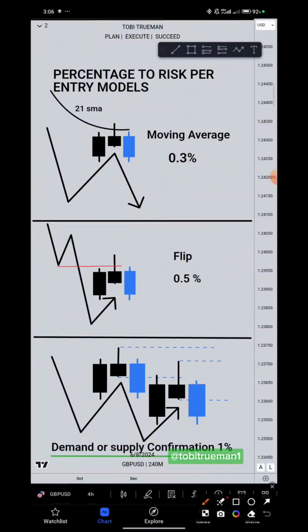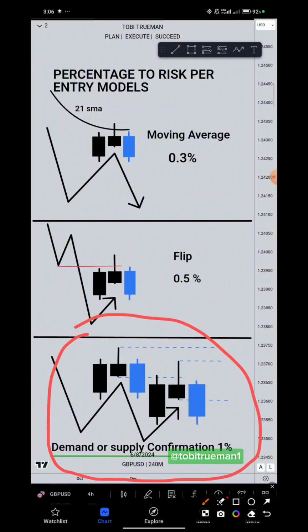Then, if the one that comes out for you to trade is demand or supply confirmation, you can now risk 1% of your capital, because among the first, second and third, the one that can boost your confidence to enter any trade is this demand or supply confirmation.